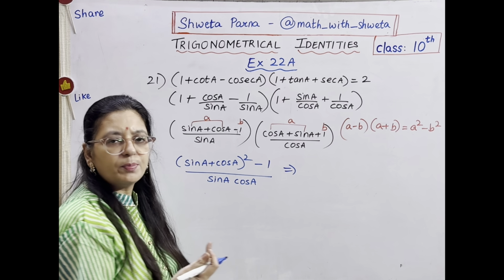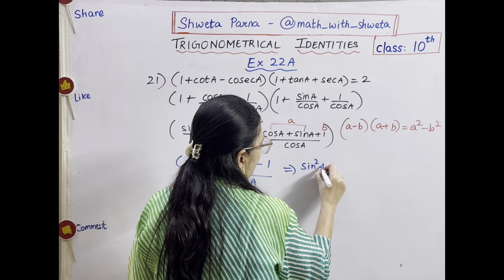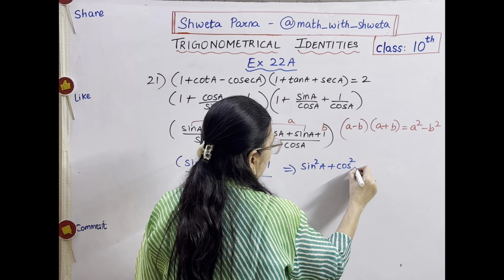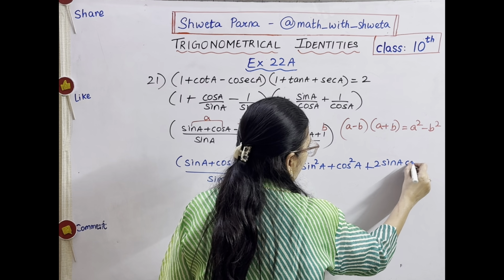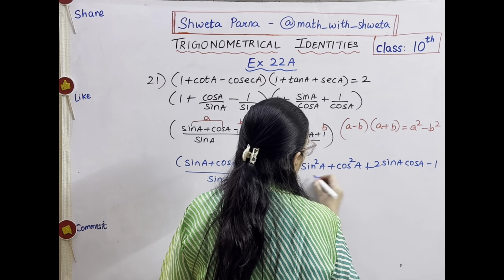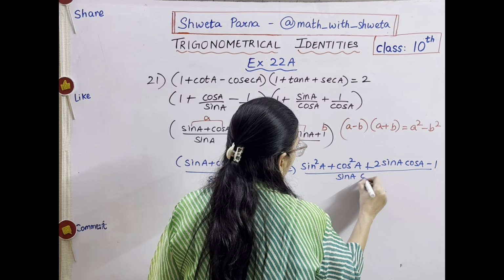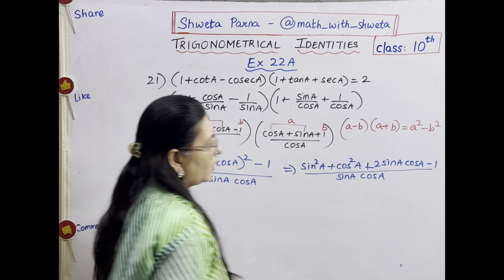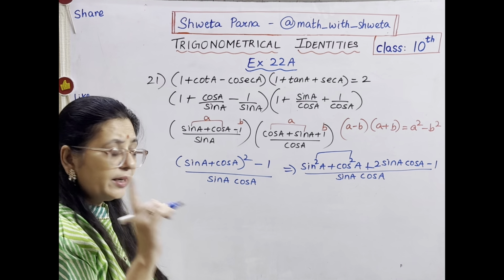Okay. Now let's open this bracket. What is a plus b the whole square? A square plus b square plus 2ab, sin a into cos a minus 1, the whole upon sin a into cos a. Okay. Now what is sin square a plus cos square a? It is 1.